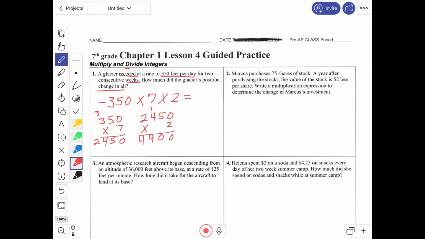And a negative times a positive makes a negative, and then a negative times a positive again would make another negative. So it's negative 4,900.